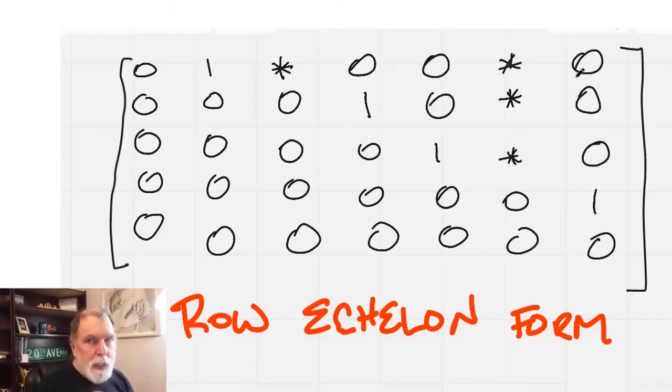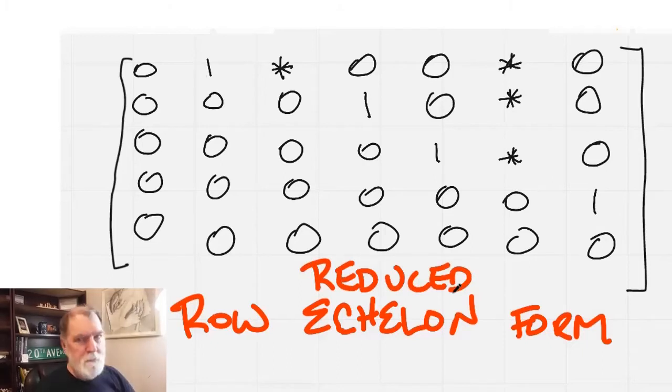Anything that isn't either to the left of a leading 1 or above a leading 1 or a leading 1 can be something else. But this is our Holy Grail, because from this we pretty much read the solution, or see that there is no solution, or that there's multiple solutions. This we call the reduced row echelon form.